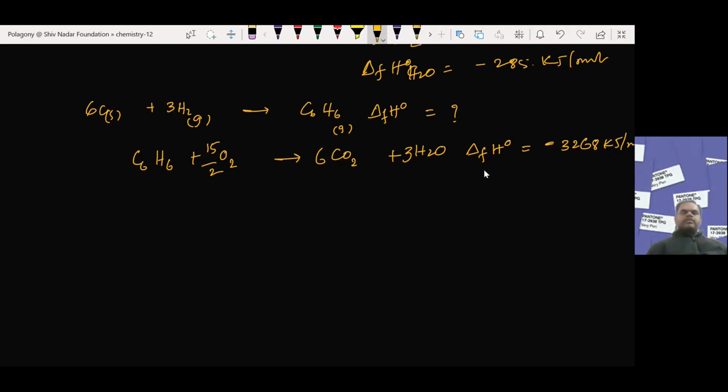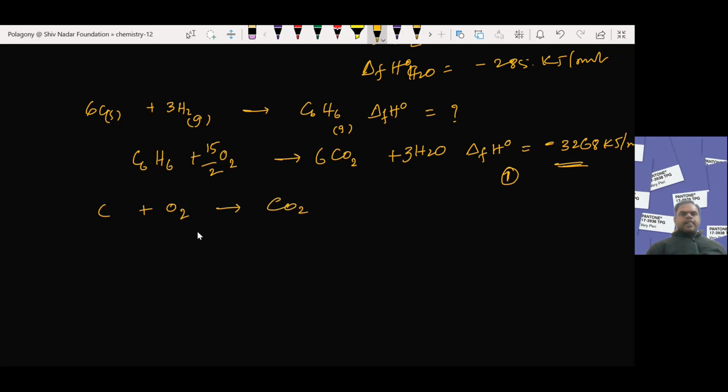Standard enthalpy of formation of benzene. So given in the question, this is the equation. Let us assume this is equation number 1. Now since carbon dioxide is produced, 6 moles, and water is produced, 3 moles, as we know C plus O2 gives rise to CO2.